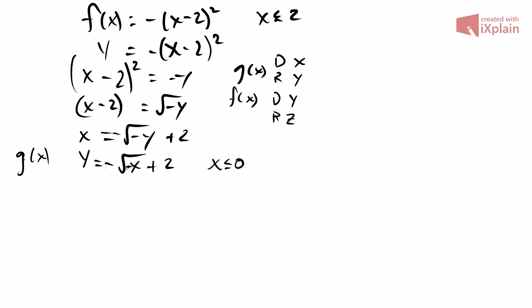To check to make sure this is the inverse, we have f composed with g. Because this is a function of g, our domain is x less than or equal to 0. We take f, which is negative (x minus 2) squared, and in here we put in g, which I'm going to write as negative x to the 1/2 plus 2.